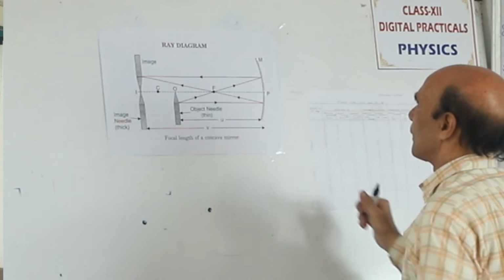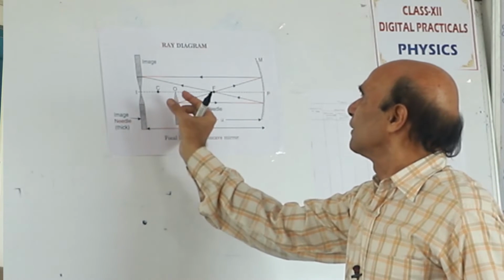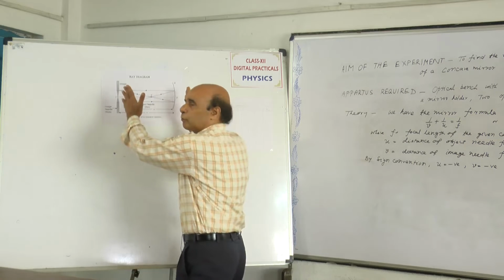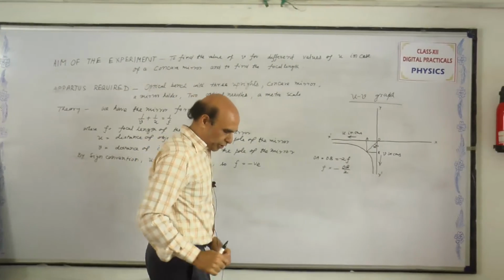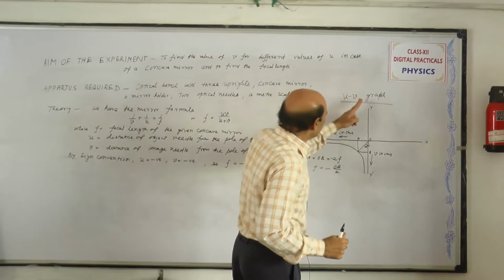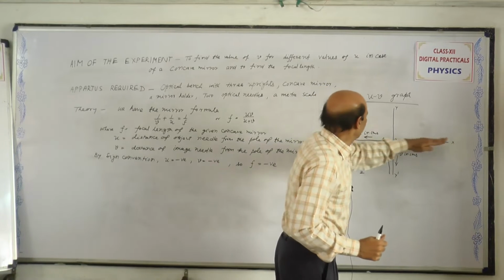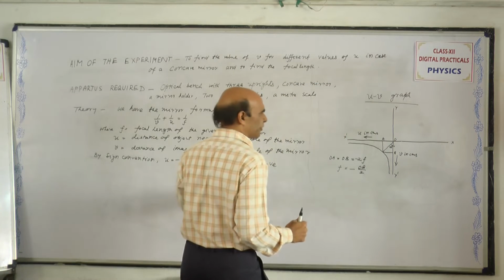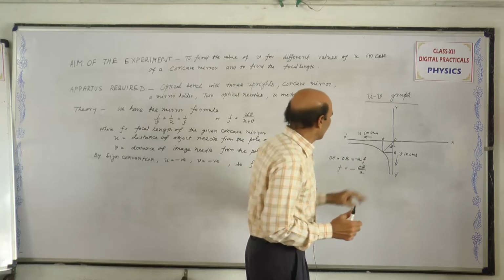Now having this position of U, we can change the position, and V position will automatically change. So we will have a graph between U versus V. The nature of the graph will be like this. U negative, V negative, so F is also negative. So U negative, V negative means this is the pattern.